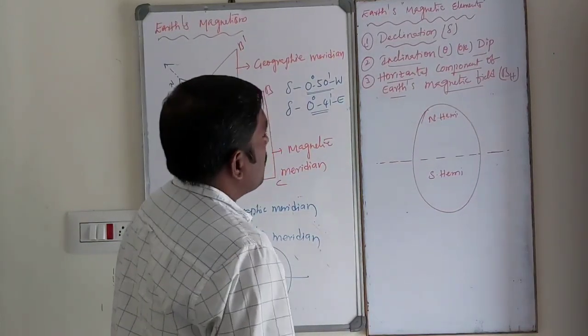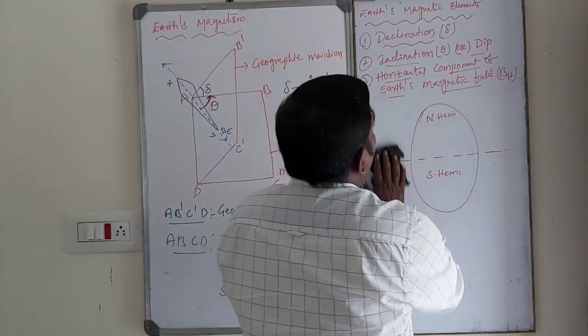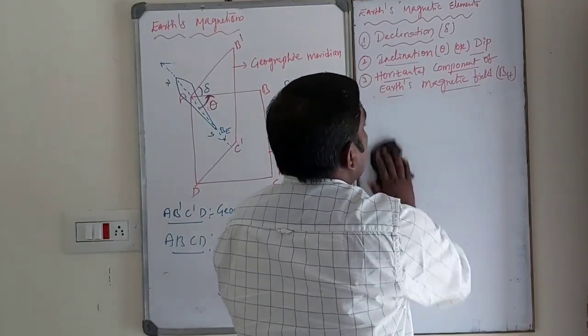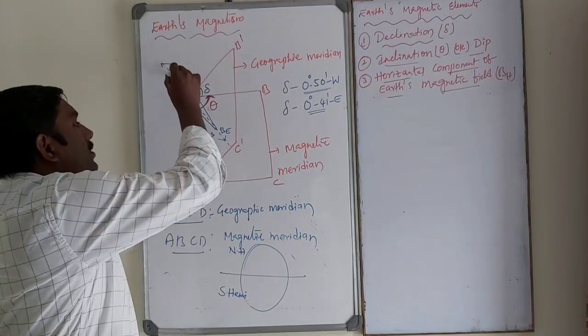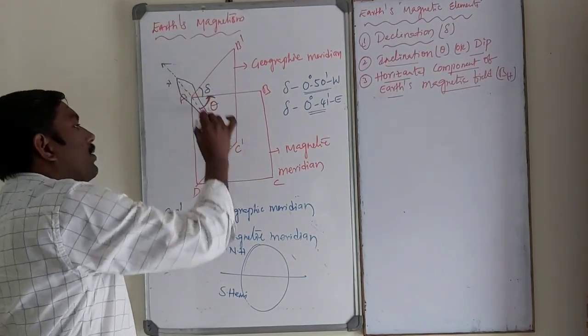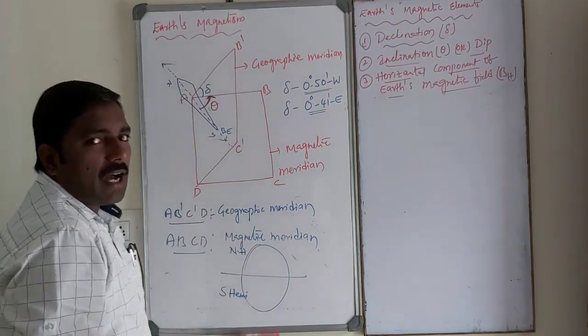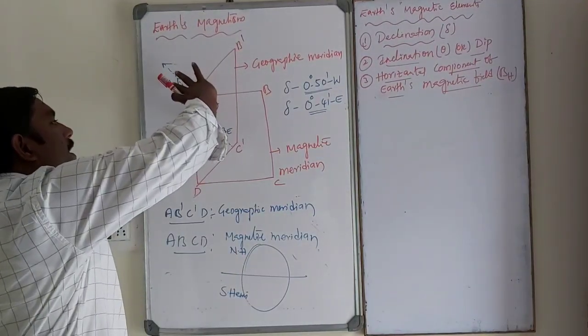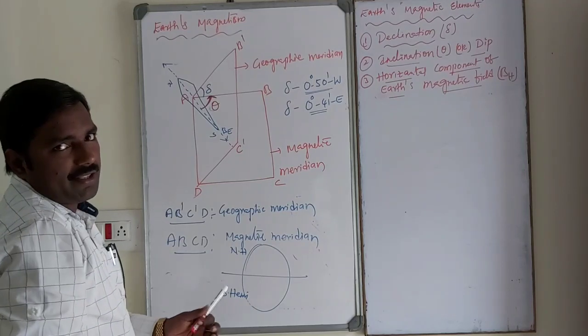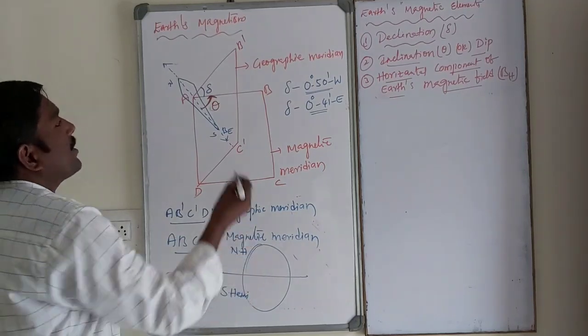Okay, next, horizontal component of earth's magnetic field. See dear students, this is the earth resultant magnetic field, BE is the earth resultant magnetic field. The earth resultant magnetic field is resolved into two rectangular components.